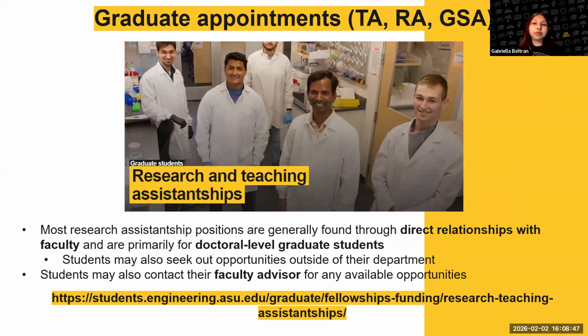And then, like I mentioned before, they have more information about graduate appointments, which many students use to help fund their education. What we recommend to students is that building direct relationships with faculty is your best way of finding these open opportunities. Most of these opportunities are for doctoral level graduate students, so that's something to keep in mind for any PhD students.